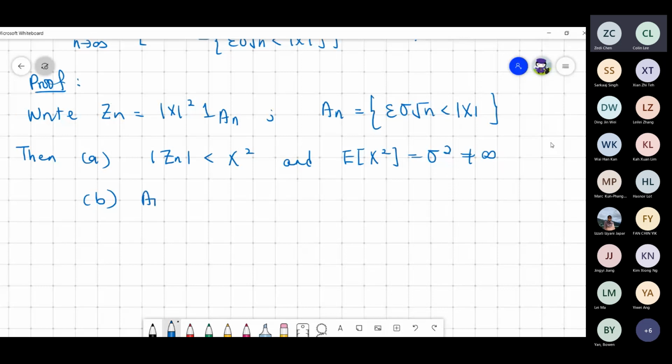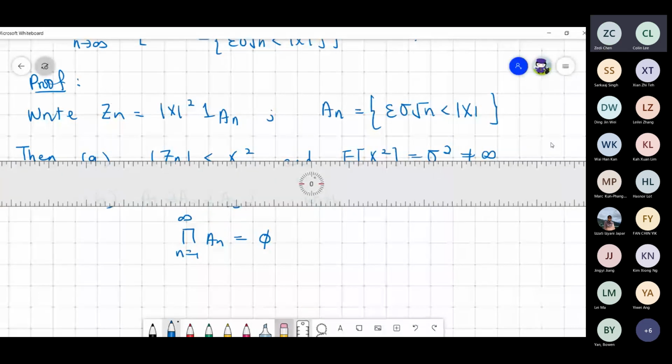You can see A1 is actually a decreasing sequence of events. If you take the intersection of all of them, this will be the empty set. Maybe I should have said this is empty.